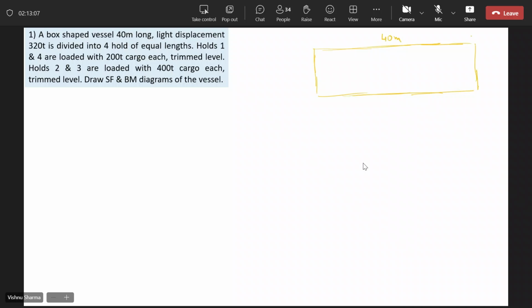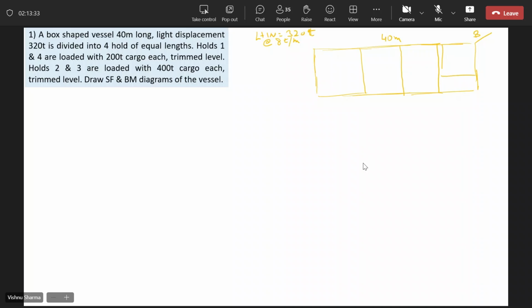This is 40 meters. Breadth is not given, whatever be the breadth. As per the question, it is divided into 4 holds, each of 10 meters. Light displacement is 320 tons. And since we are assuming it to be uniformly distributed, you don't have to say anything. It's at 8 tons per meter.